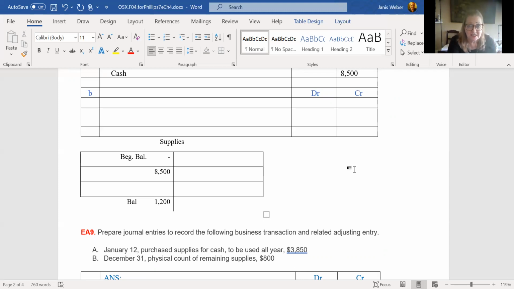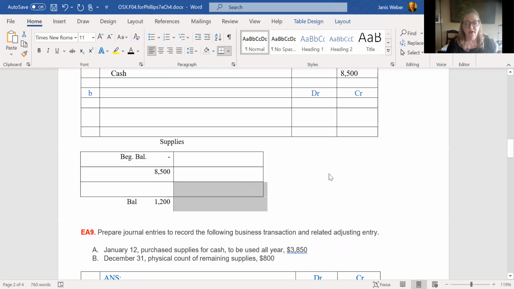Can I put a negative debit balance in order to decrease it? Like I could just maybe put a negative on this side, put a negative 7,300. Would that work? No, you can't make negative journal entries. So there's only one thing left to do. If I want to take a debit balance from 8,500 down to 1,200, I have to credit the account.